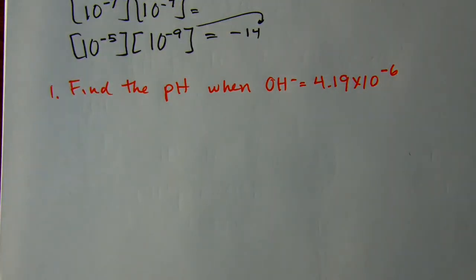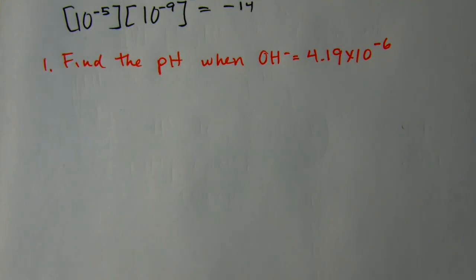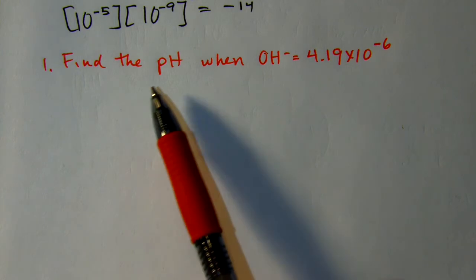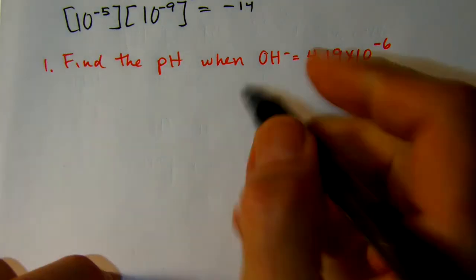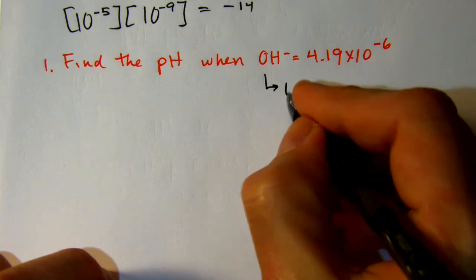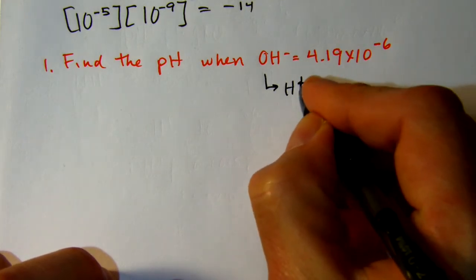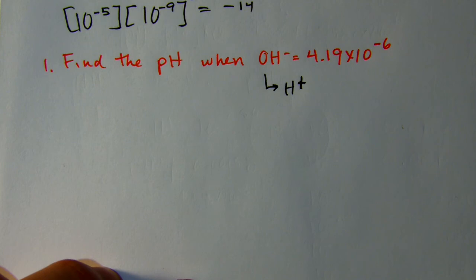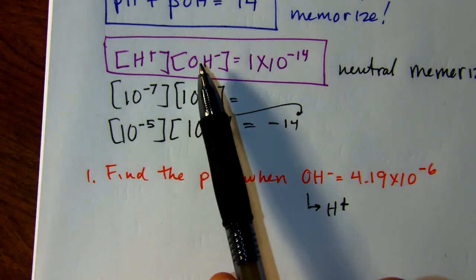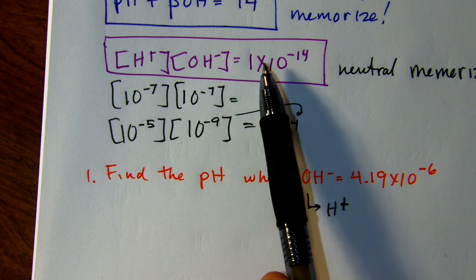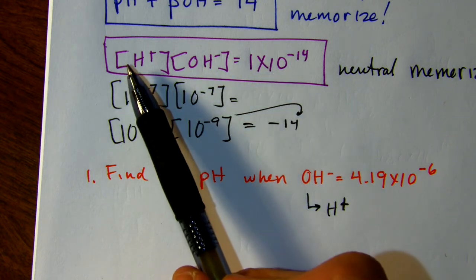This is a 2-step process. This is why I give you videos, just so you know how to do this. I'm going to show you how to do this. Okay? Find a pH. Well, all you have to do is this. You could say, first, get H plus. You say, how am I going to do that? You go up here. Just do this. Right? You have OH here and this number. You just go find H plus.